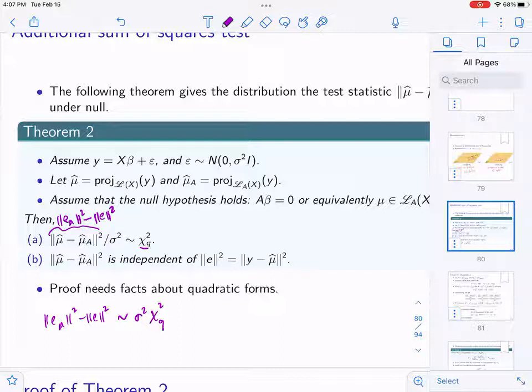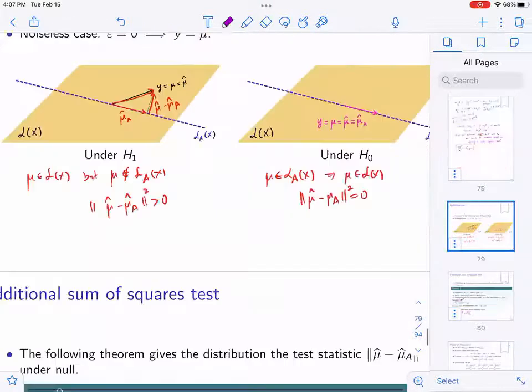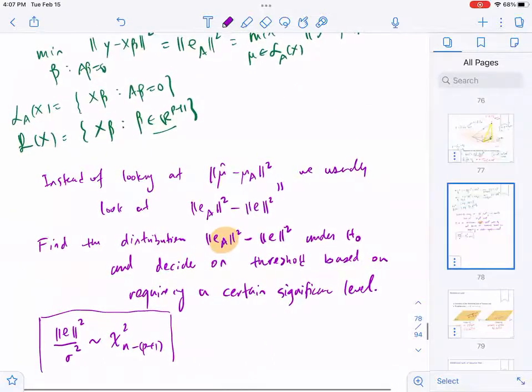Yeah, how do we cancel it out? That's a different question, so maybe someone different wants to answer it. So we have the distribution of this. The point was, you want to reject the null based on the size of this quantity, and for this we need the distribution under the null.